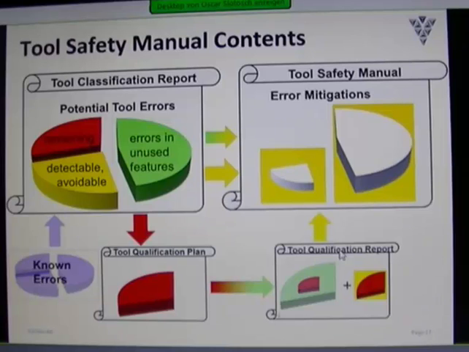And these workarounds you can put into the tool safety manual, maybe together with some known errors that also need workarounds, that might also occur in the tool qualification report when the error is known and very likely. So this is somehow the principle and shows what documents you need. You need a tool classification report, you need a tool safety manual, you need a tool qualification plan, and a tool qualification report. And those are 4 documents which are important.